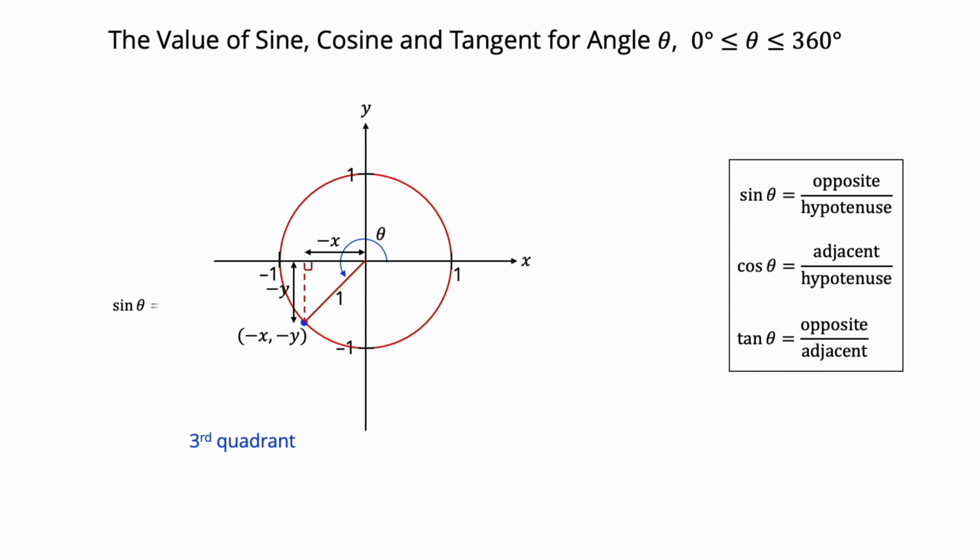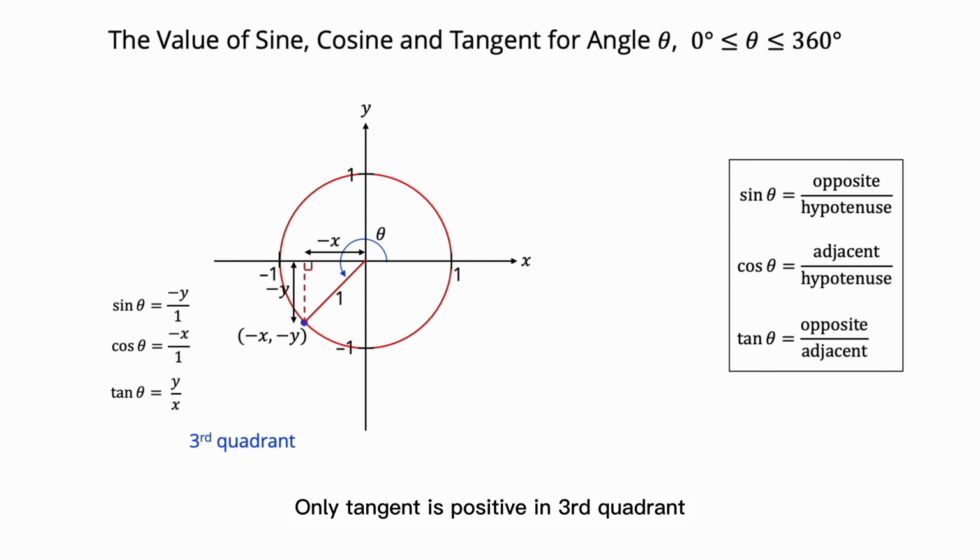Sine theta equals to minus y over 1. Cos theta equals to minus x over 1. And tangent theta equals to minus y over minus x. Minus times minus become positive. Tangent theta equals to y over x. Only tangent is positive in third quadrant.